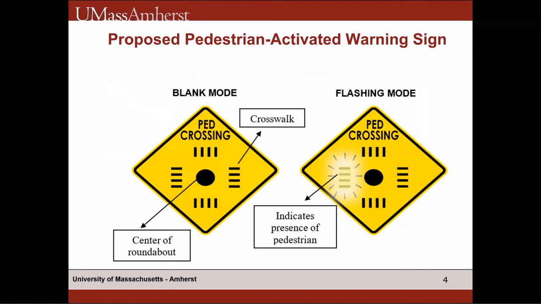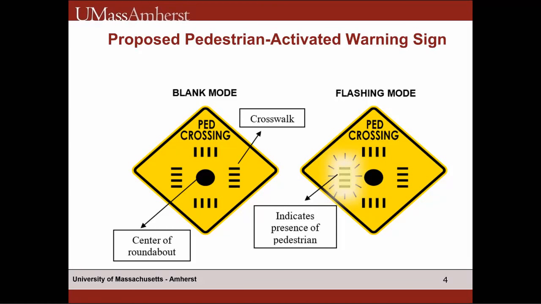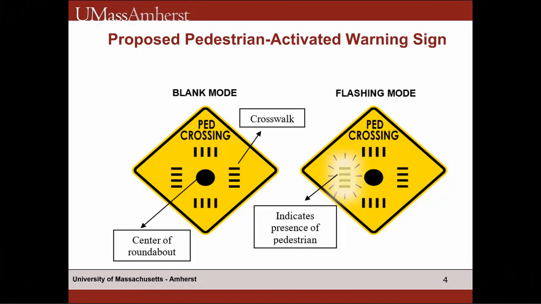In this regard, we came up with this proposed pedestrian activated warning sign. As you can see, this sign is not static, it is dynamic. It has a blank mode and a flashing mode as well. If you look at this sign, you can see a circle in the middle that shows the roundabout, and those symbolic crosswalks represent the crosswalks.